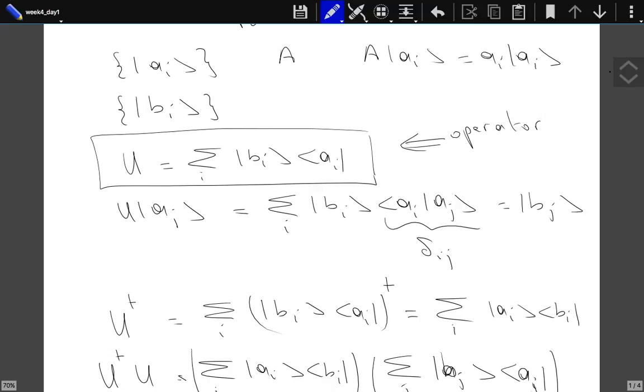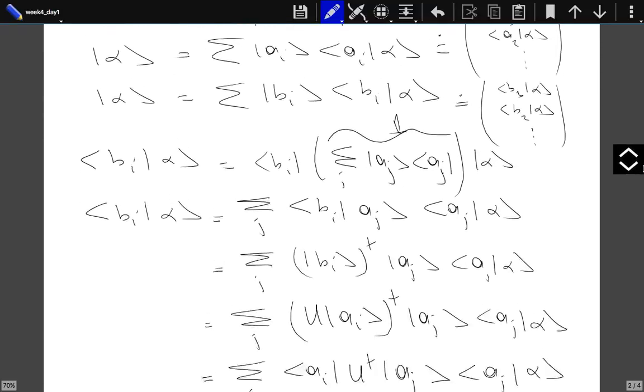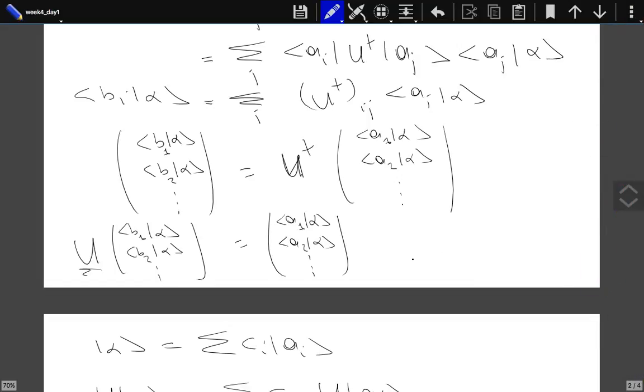Or I can treat this U, at least in its matrix representation, as a way to go from one matrix representation using one basis to another matrix representation using another basis. So I can treat U as a change of basis, just like a change of coordinates.